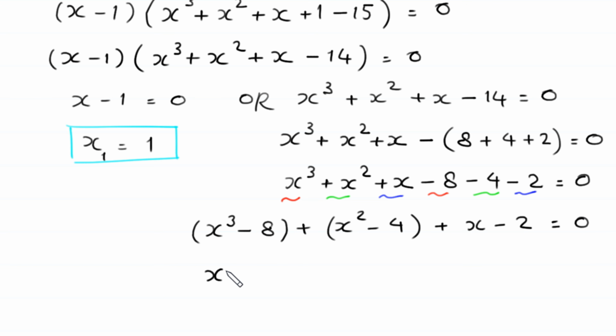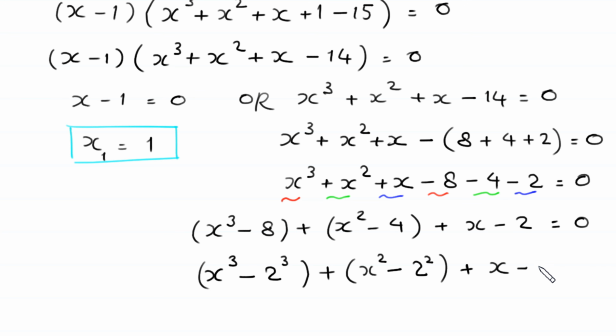Next, x cubed, this negative 8 can be written as negative 2 cubed, plus x squared minus this 4 can be written as 2 squared, plus x minus 2 is equal to 0.